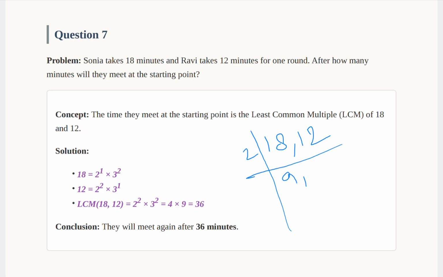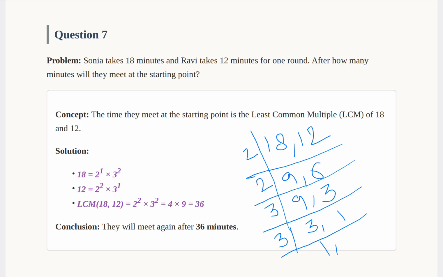Here you will get 6, and then again 9 comma 3, and then you will divide it like this way, 3 into 1, and after that 3 1 comma 1, and your LCM will be 2 into 2 into 3 into 3.